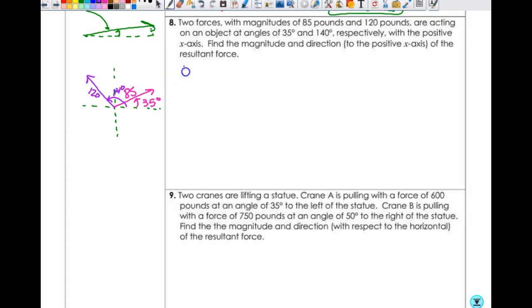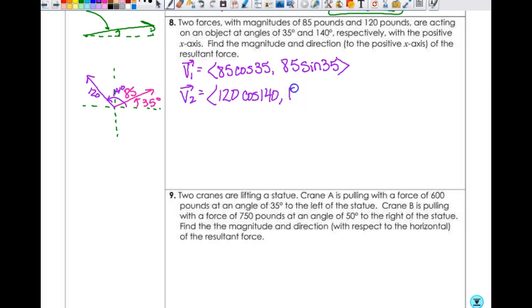So for the first vector, the one with the 85 and the 35, theta is 35. So it's going to be 85 times the cosine of 35 and 85 times the sine of 35. Then for my second vector, it's going to be 120 times the cosine of 140 and 120 times the sine of 140.